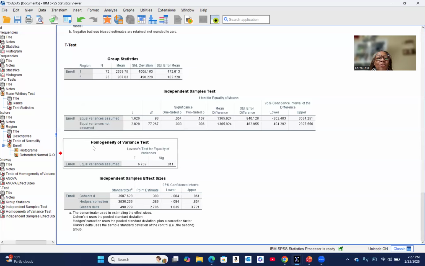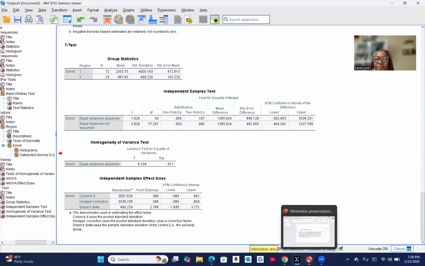And when we look at the homogeneity of variance test for those numbers with equal variances assumed, it is 0.011. Now we've also done an effect size test. When we look at Cohen's d, the effect size focused on this point estimate is 0.38.